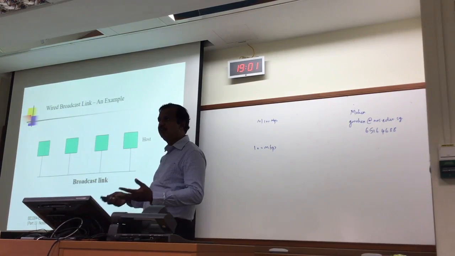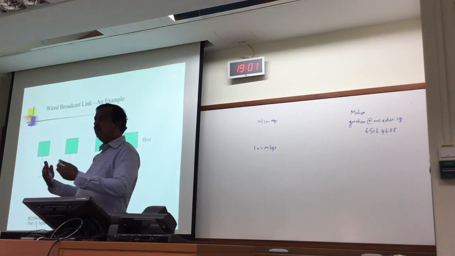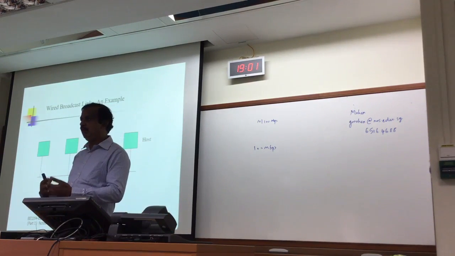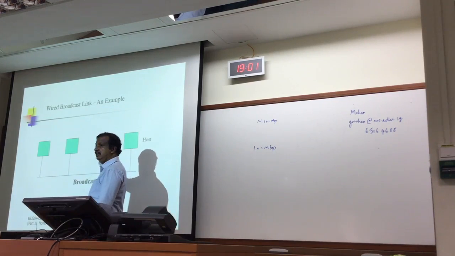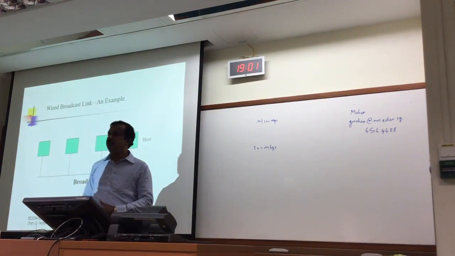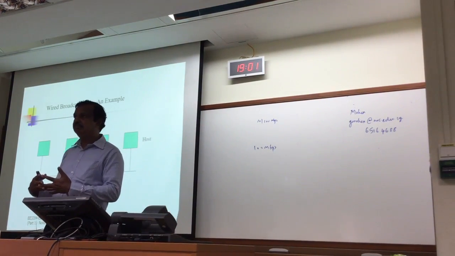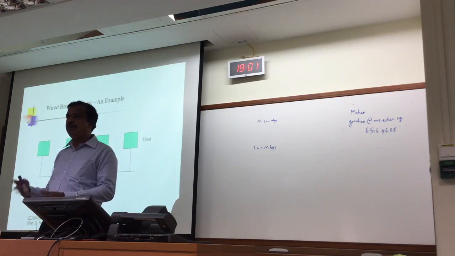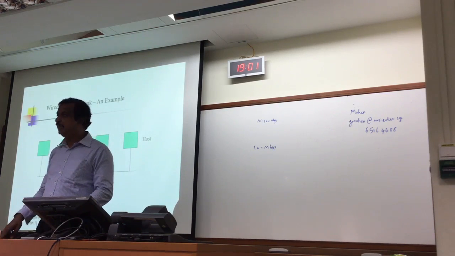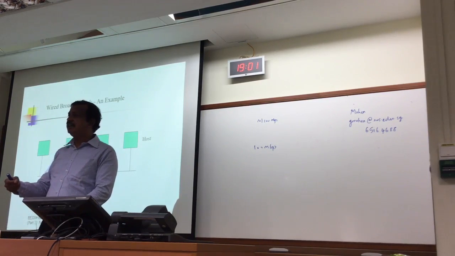If more than one tries to transmit, there's a possibility of collision. Their bits may collide. Let's say this one is transmitting something and that one is also transmitting something, so the signals will collide with each other. One may become 0, 0 may become 1, so it's useless. So we need some mechanism to detect whether there's a collision, how to deal with this, etc.